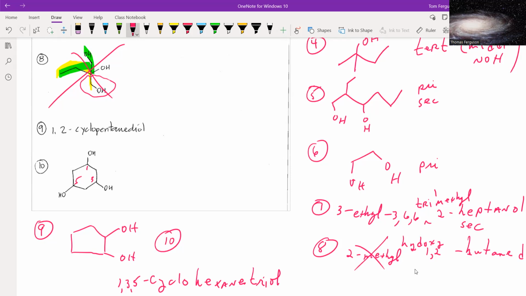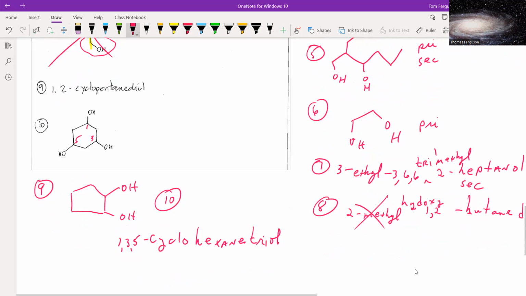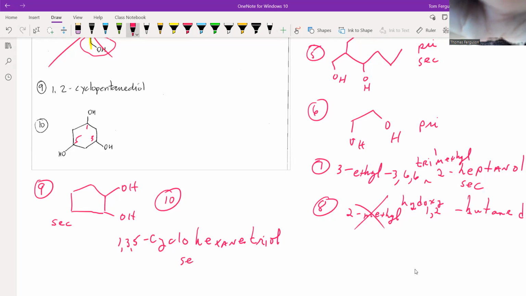Primary, secondary, tertiary. These would be secondary, and these would be secondaries as well. Now, is it helpful when I go over these problems? Okay, all right.